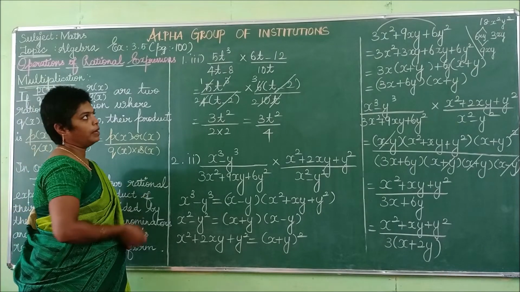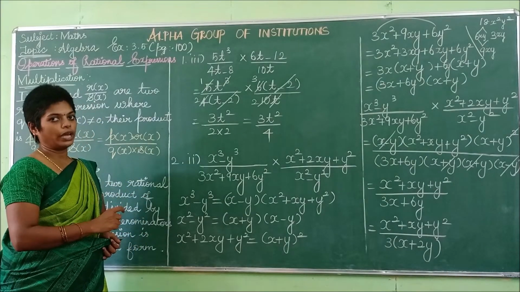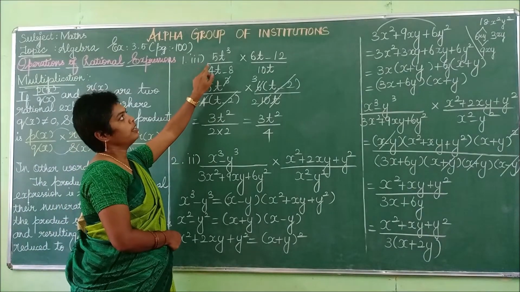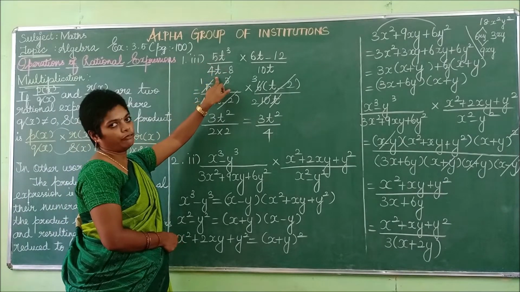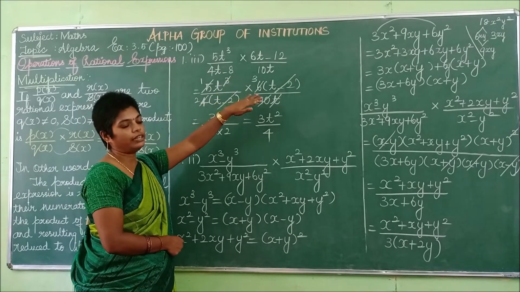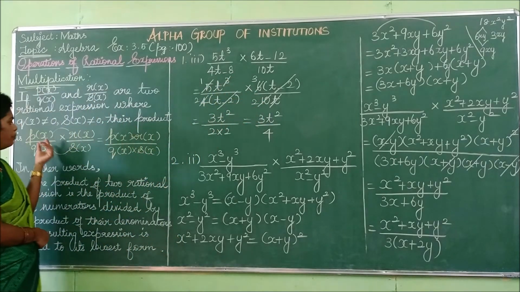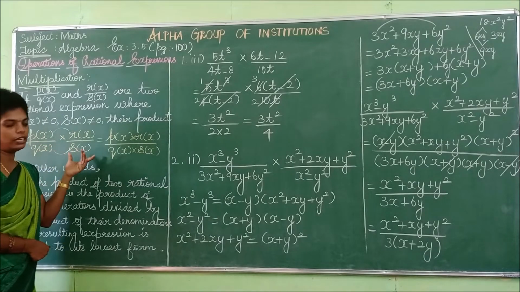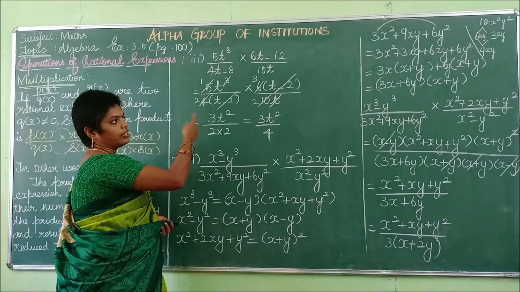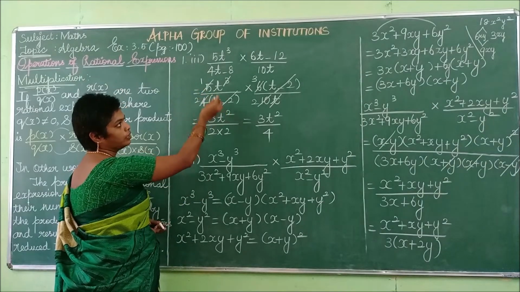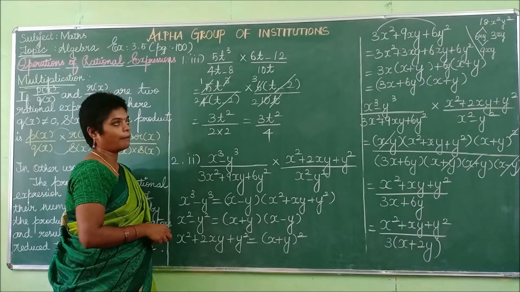Listen to the first problem, how to multiply the two expressions and get the final result. So what is the expression? 5t cube divided by 4t minus 8, into 6t minus 12 divided by 10t. So if p of x by q of x into r of x by s of x, the product of the numerators is divided by the product of the denominators. Likewise, put the product sign, then take out whatever is common.